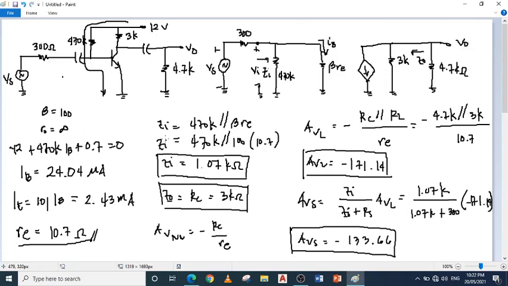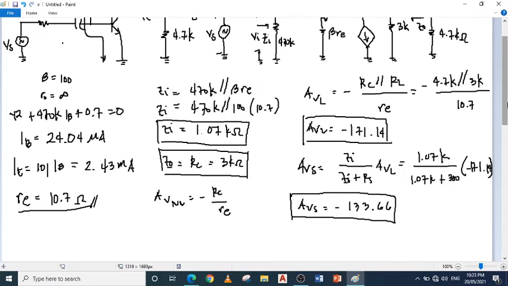Now, let's also compute AV no load. To solve for AV no load, it is RC over RE, so negative 3K divided by RE, which is 10.7.